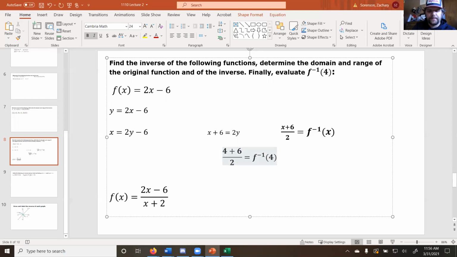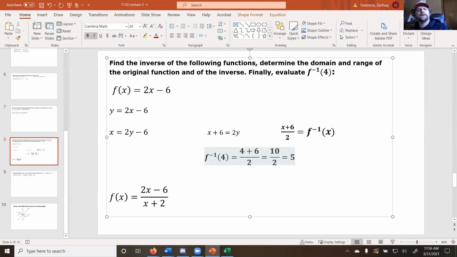Let's make it flow a little better. And then I just do some simplification. 4 plus 6 is 10. So f inverse of 4 is 5.